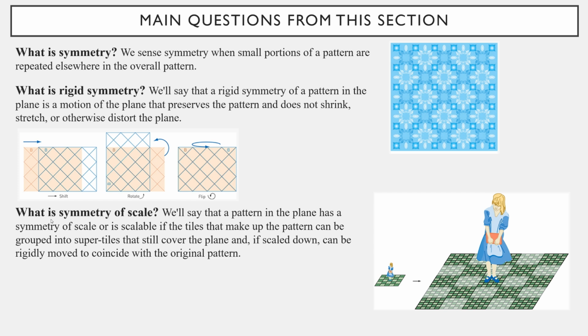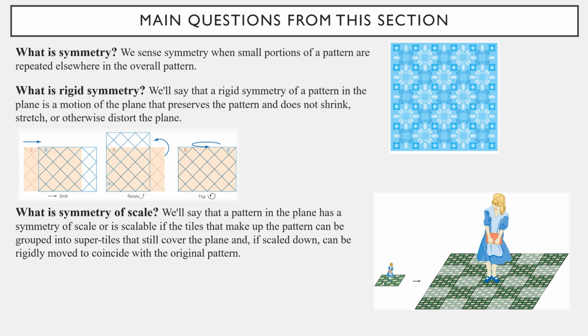Then the textbook's going to talk about symmetry of scale. We'll see that a pattern in the plane has symmetry of scale, or is scalable, if the tiles that make up the pattern can be grouped into super tiles that still cover the plane, and then if scaled down, can be rigidly moved to coincide with the original pattern. I love this photo in the textbook, which kind of illustrates it.